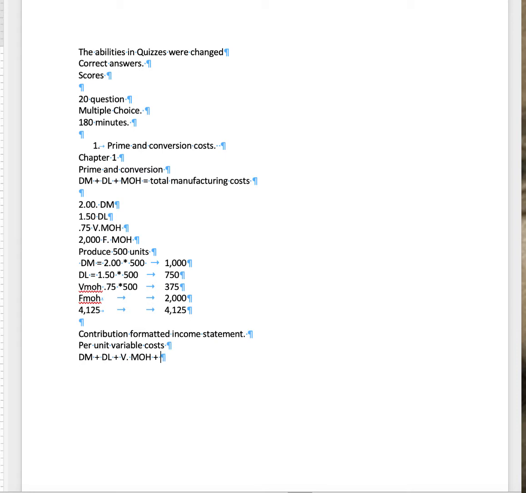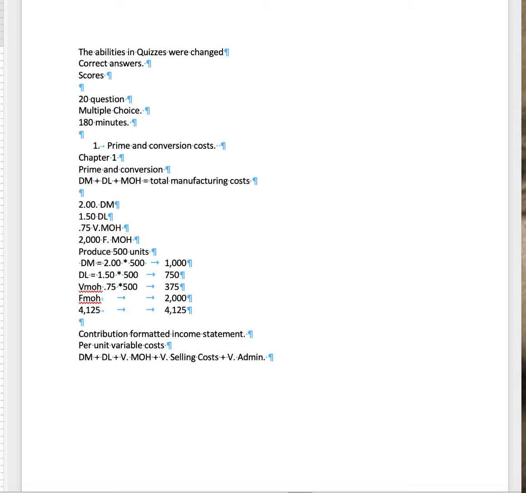Then we also need to include any variable selling cost. And we also need to include any variable administrative cost, okay? And again, this is because they're asking for the variable cost per unit, so we got to think of that contribution formatted income statement, all the variable costs.